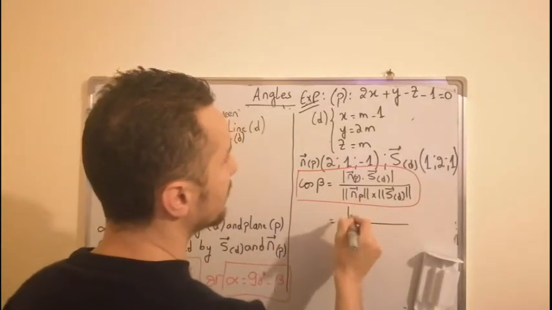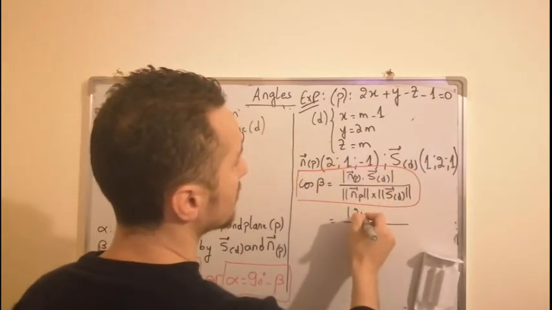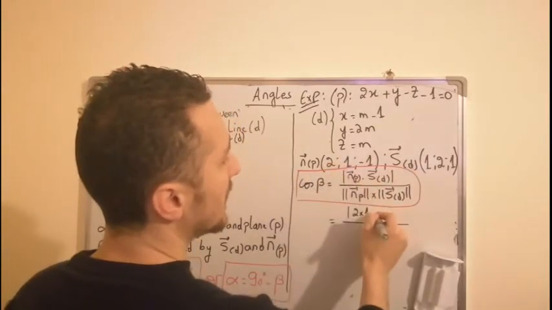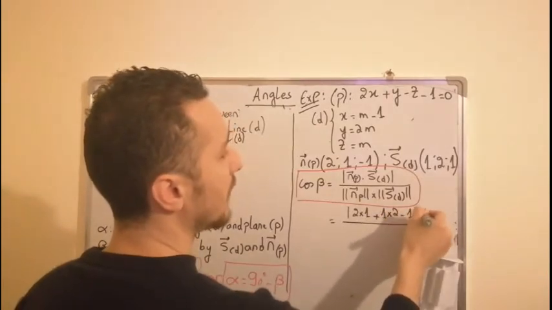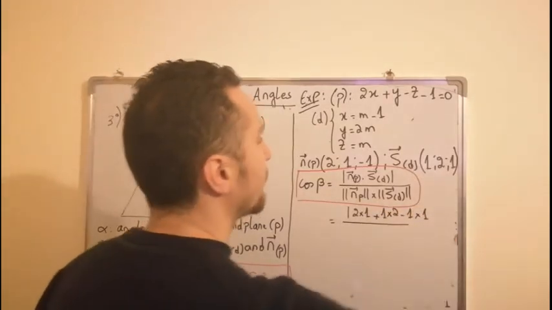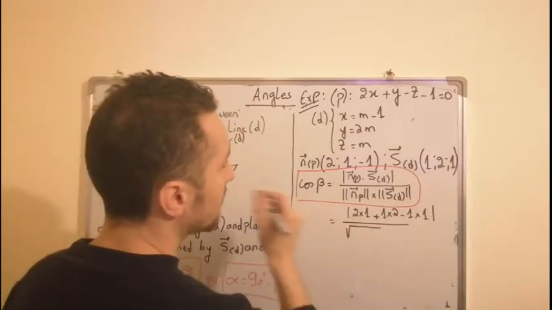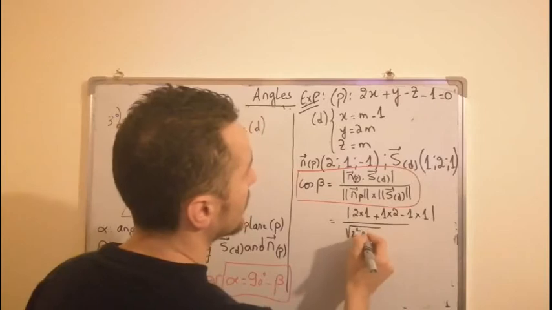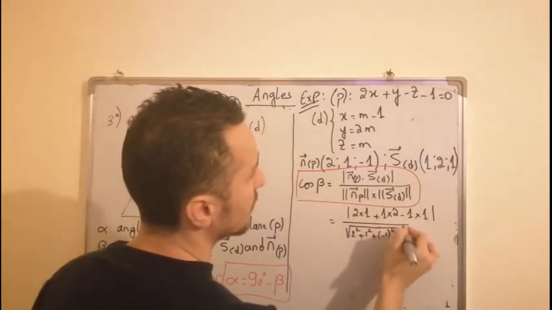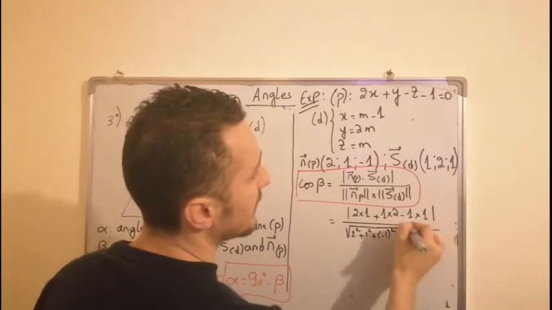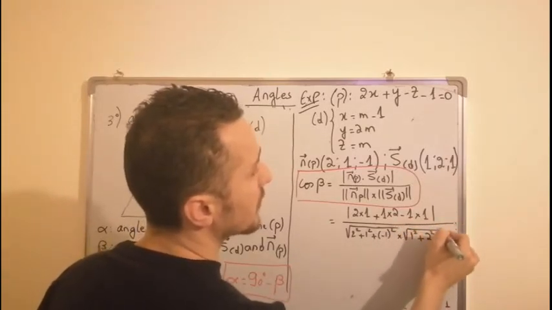Okay, we can find the cosine of the angle beta. So absolute value of NP scalar product SD: 2 times 1 plus 1 times 2 minus 1 times 1, divided by radical of 2 squared plus 1 squared plus (minus 1) squared times radical of 1 squared plus 2 squared plus 1 squared.